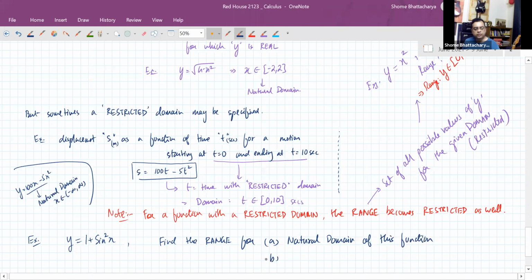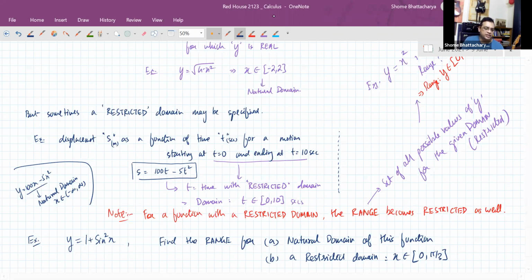And for a restricted domain, given by the condition that x belongs to 0 to pi by 3, or 0 to 60 degrees. So in the second part, if I specify for whatever reason that x is not going to be less than 0 and not going to be greater than 60 degrees or pi by 3, then what is the range of values of y, given the relation?